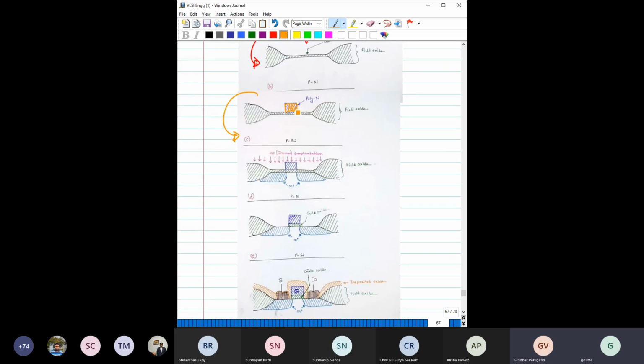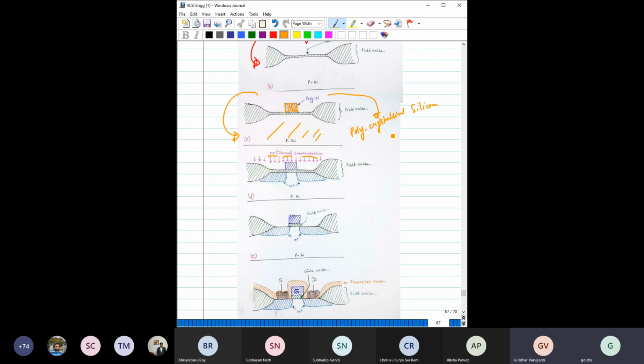Okay, then you keep the polysilicon, then you do N plus or donor implantation. Means basically you are creating this N plus and N plus region. This is polysilicon, which is nothing but polycrystalline silicon. This is crystalline silicon, this is crystalline silicon, this is polycrystalline silicon.